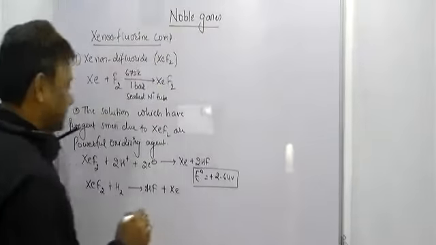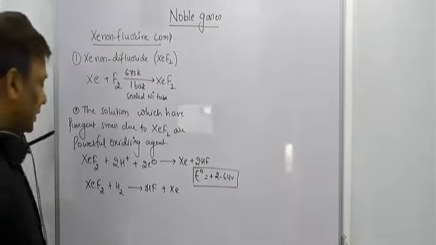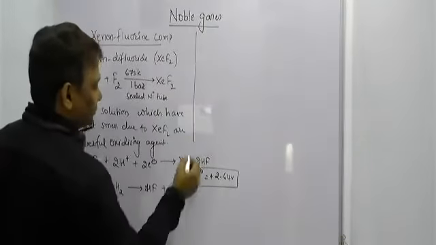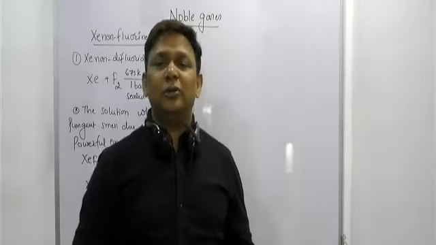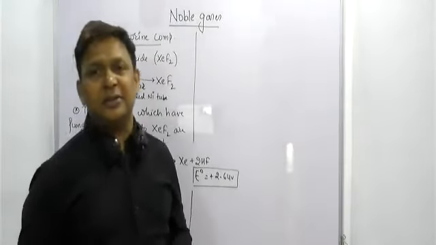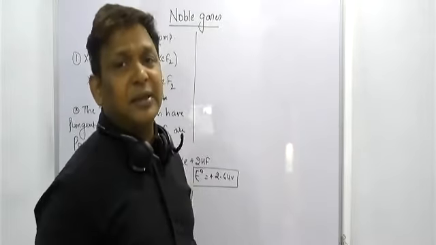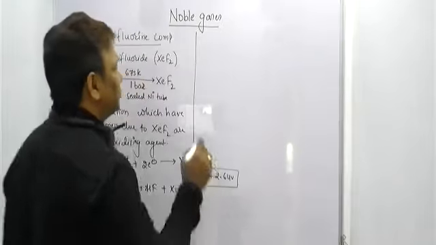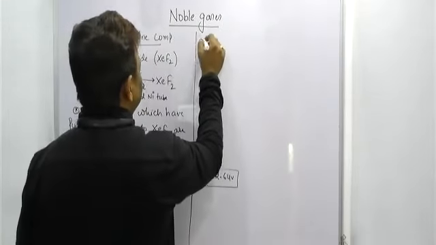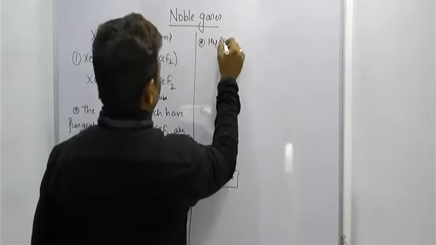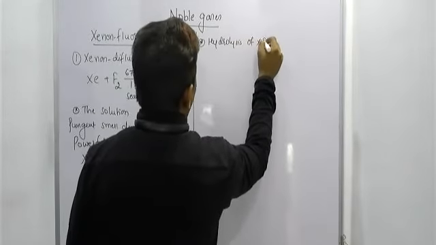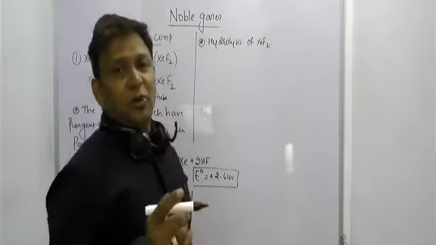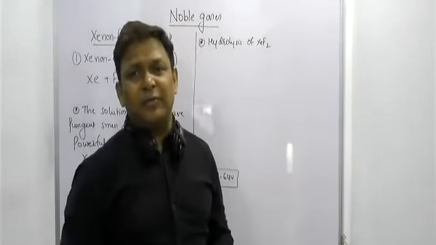Now, the hydrolysis reaction also we have to check here. Hydrolysis is slow in water due to dissolution of XeF2 in HF form, but is rapid in basic solution. So I should say hydrolysis of XeF2. If you do it in basic solution, it becomes rapid, fast.